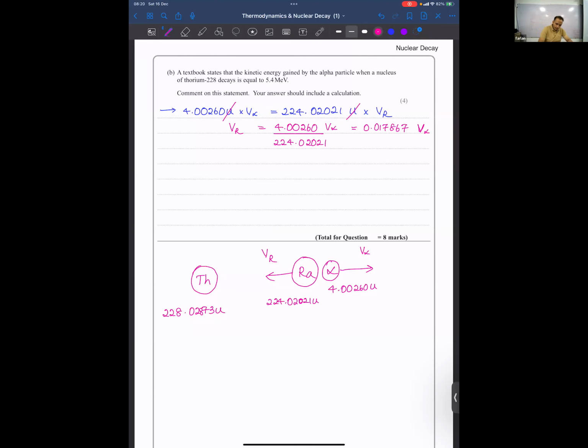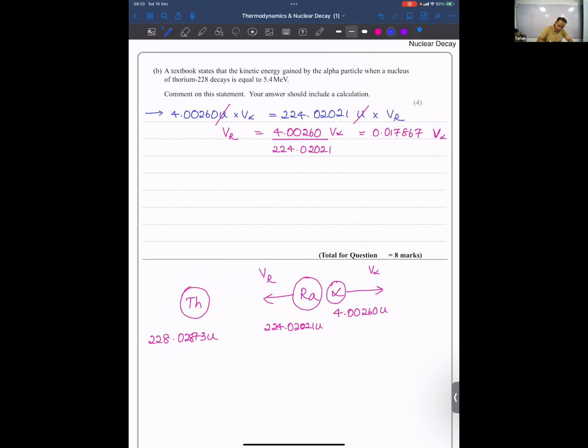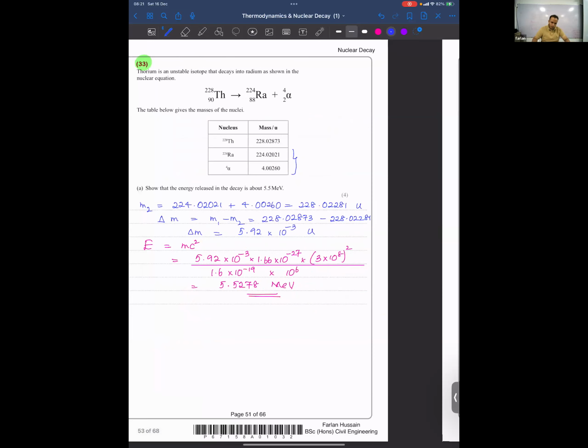The kinetic energy of the alpha particle is half into its mass 4.00260 into its speed squared, v alpha square, plus half into the radium mass 224.02021 u into vr square. The addition of these two is equal to 5.5278.